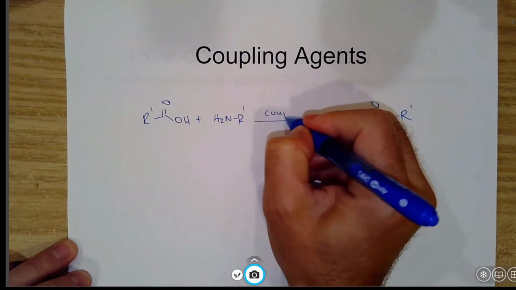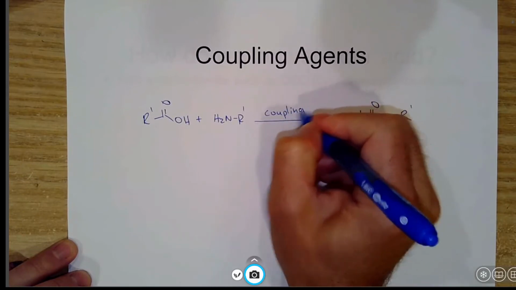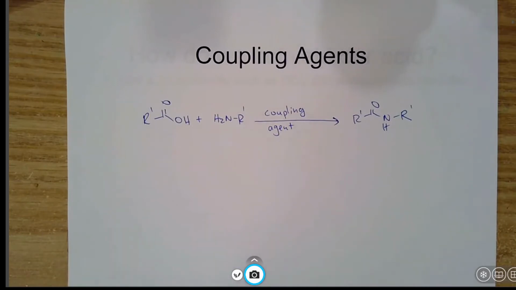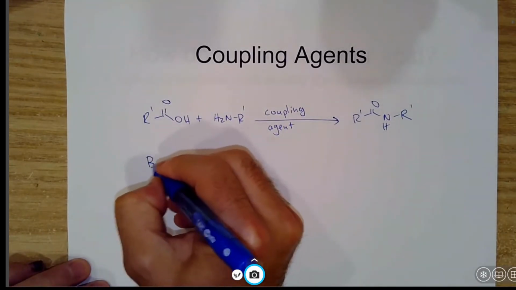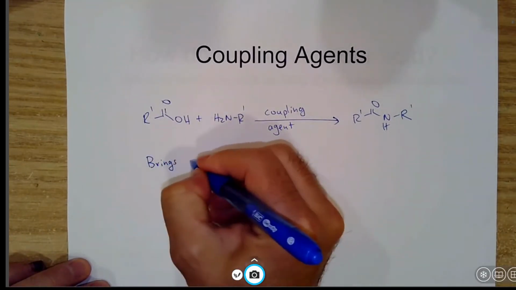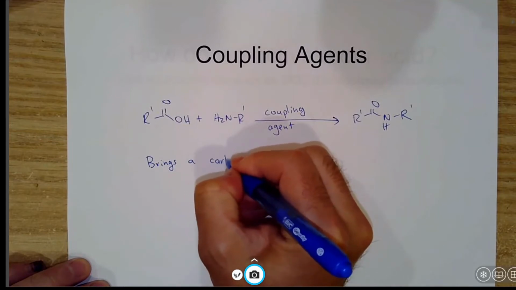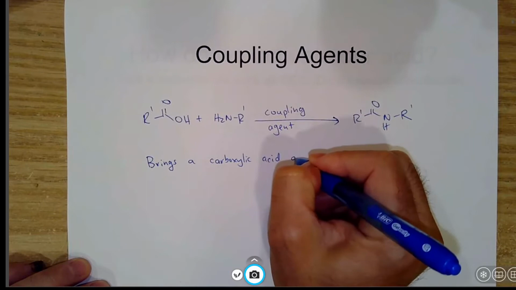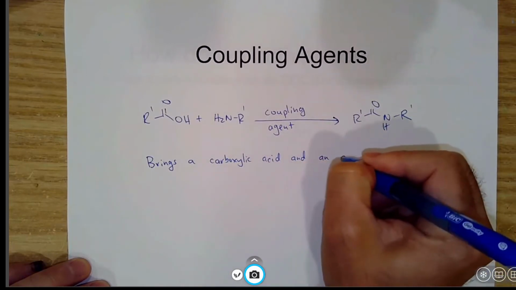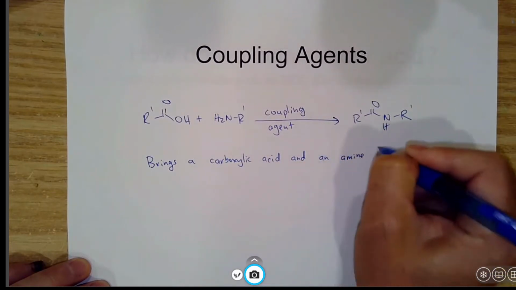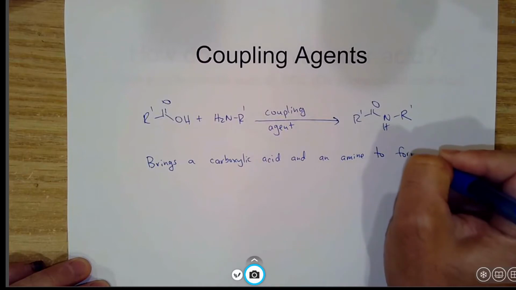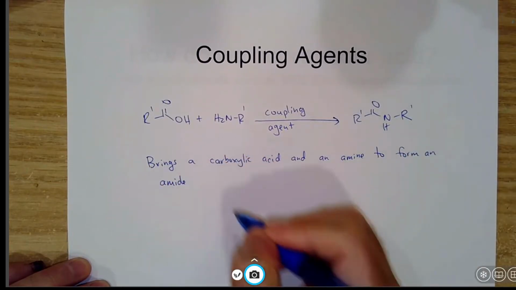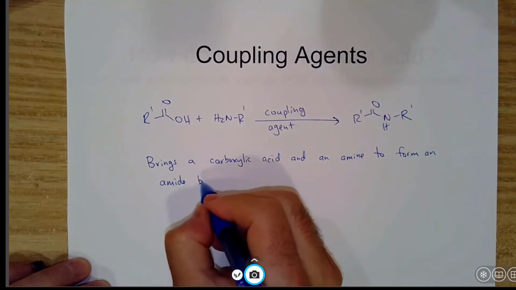A coupling agent is a specific reagent or chemical that allows us to do that. Okay, so it brings a carboxylic acid and an amine together to form an amide bond.